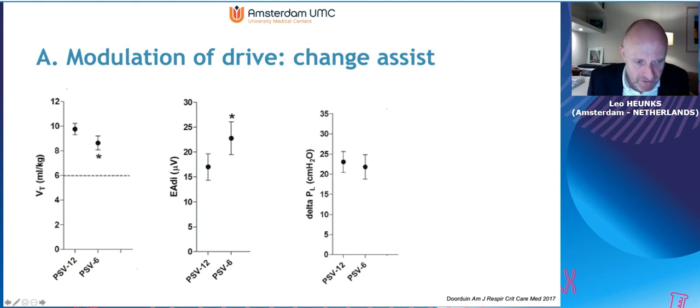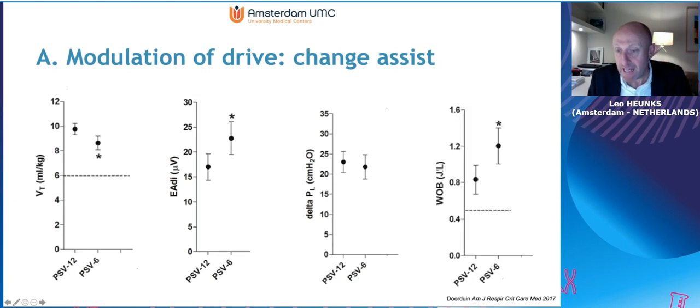So despite the fact that we have decreased inspiratory assist, transpulmonary pressure remained the same because of the upregulation of drive. At the same time, of course, an increase in drive increases breathing effort, so increases the work of breathing to potentially injurious levels.